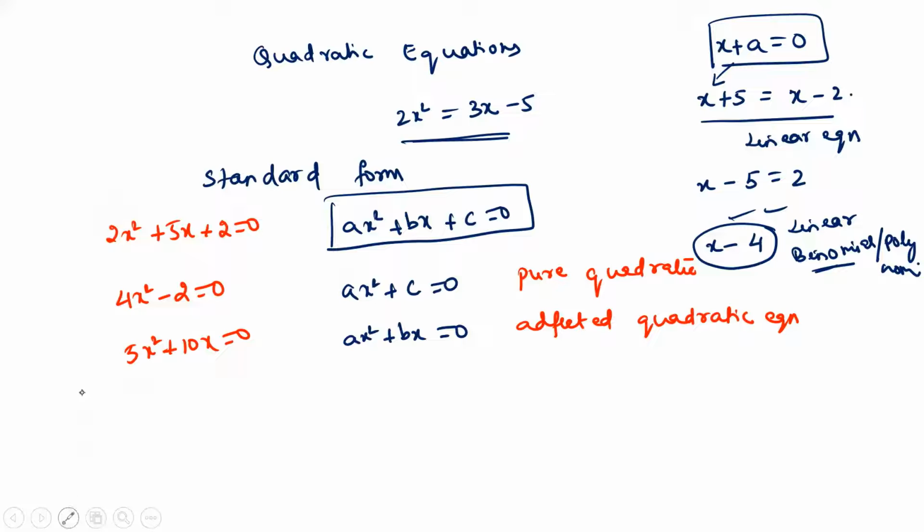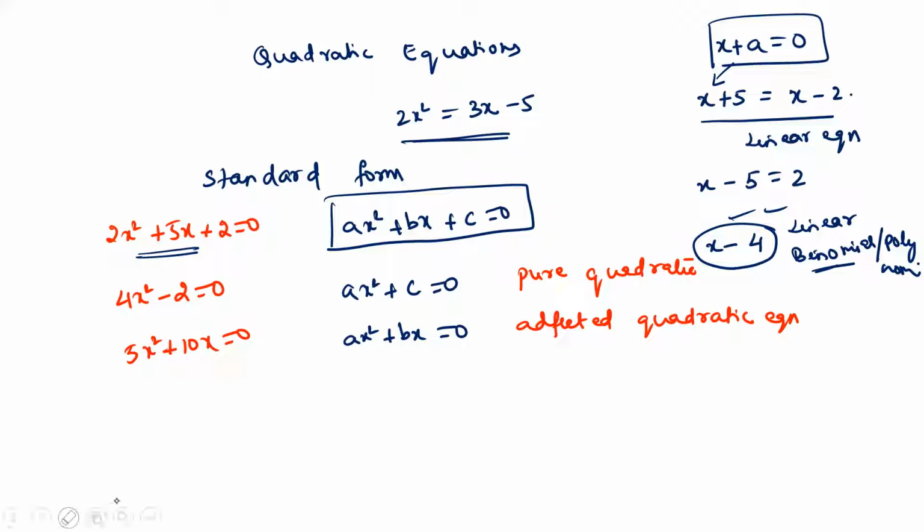Why are we studying all these forms? Solving for x in these three forms is different. For the first form, in order to get the value of x, which method will you use? You have learned it in your lower classes. Trinomial. Which method?